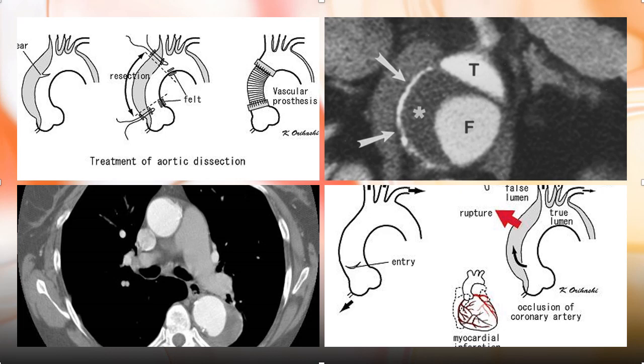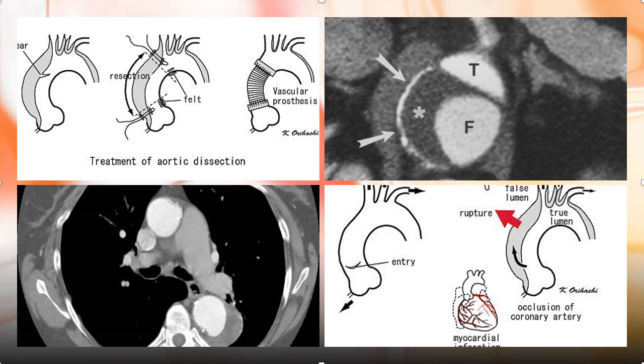The patient will have acute heart failure. And if the dissection opens into the pericardium, the patient will have cardiac tamponade. He might die unless emergent treatment is performed.